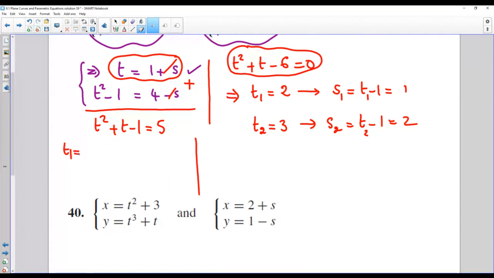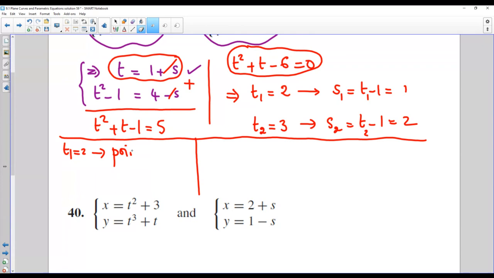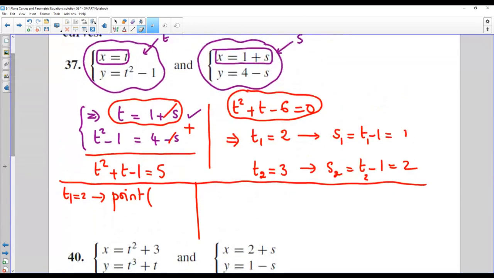When t1 is equal to 2, what is the point we are getting on the first curve here? So you substitute here. Sorry, is it minus 3?